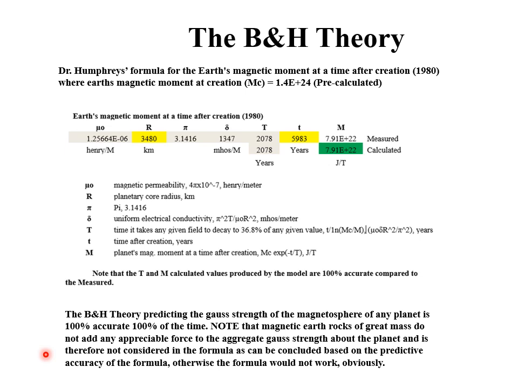Otherwise, the formula would not work, obviously. And this is one of the biggest points the secular scientists raise for why this formula doesn't work, because you don't consider that. Well, if it's 100% accurate to the measured strength, obviously they do not make a difference.